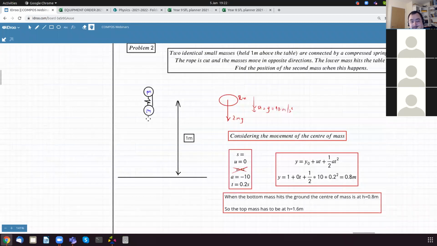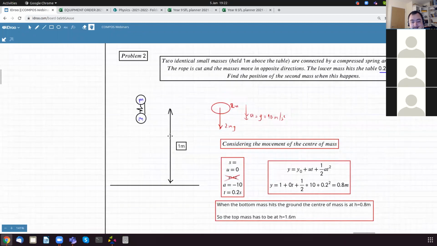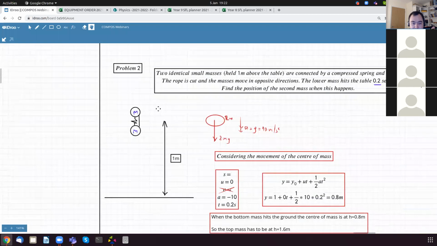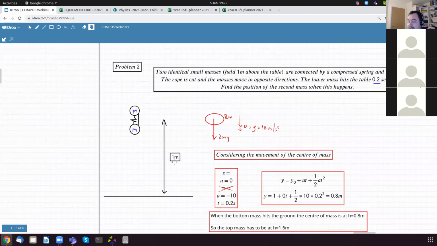Just one more thing. What allows me to say that the center of mass is at 1 meter? Because look, the mass is here, there's a spring, and say I'm not given the distance between the masses. What allows me just to use 1 meter? Several words in the text. Can somebody help me with that? There are a few words.